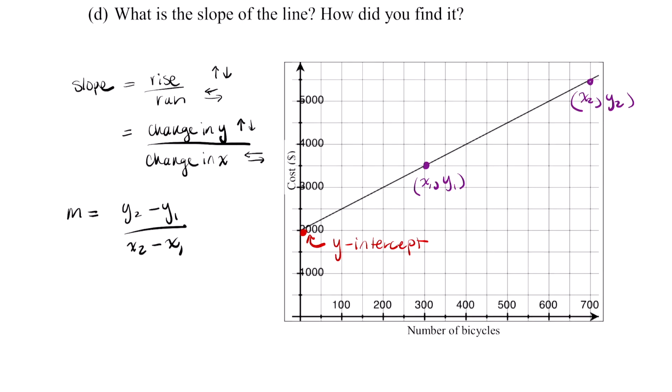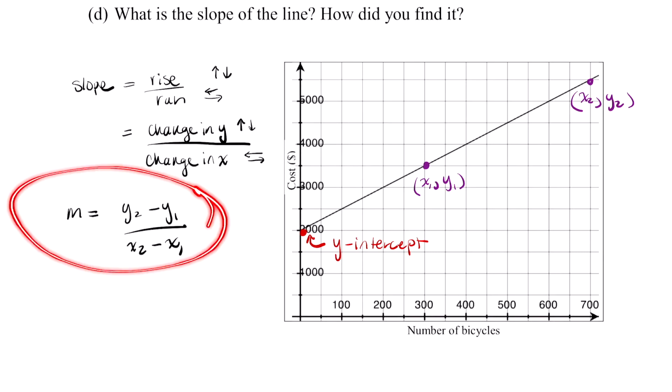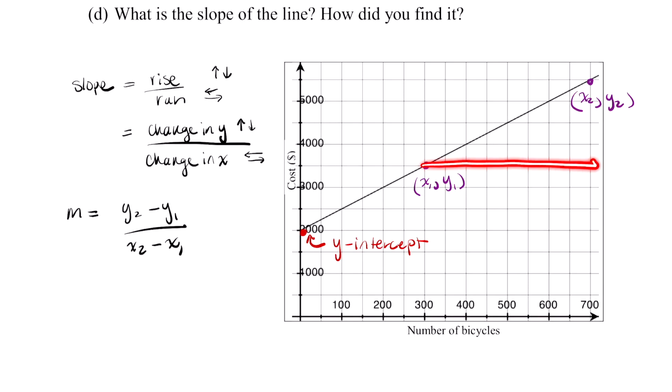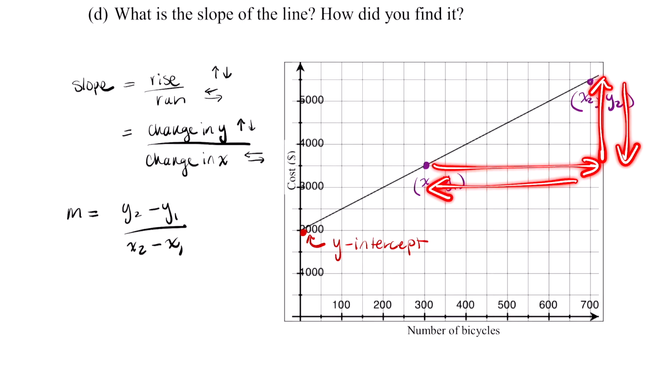If you think you might struggle with that a bit, I would just stick to this for now. And just remember, this is the up and down change, so the change from this lower point to this upper point. And then we subtract the left and right change, which is the change here, from this lower x to this upper x. So up and down change versus left and right change.